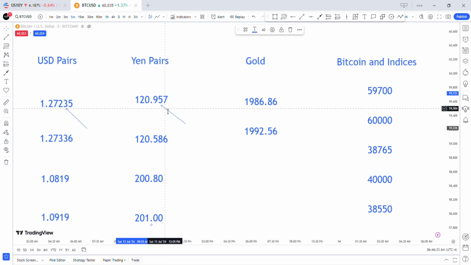So we have 120.95 minus this. How many pips will it be? The difference is 95 or 957.